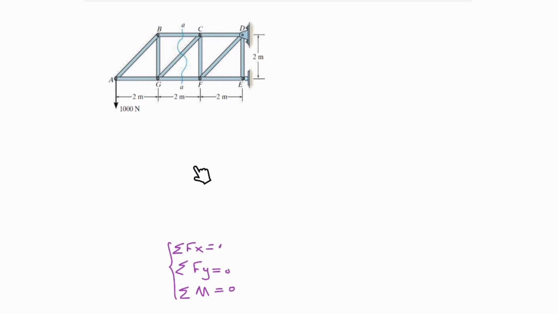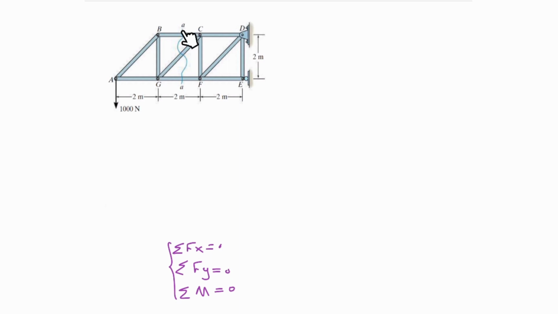As you can see, we have three equations here, and the cut should be cutting three links, meaning that because we have three equations, we can have only three unknowns.